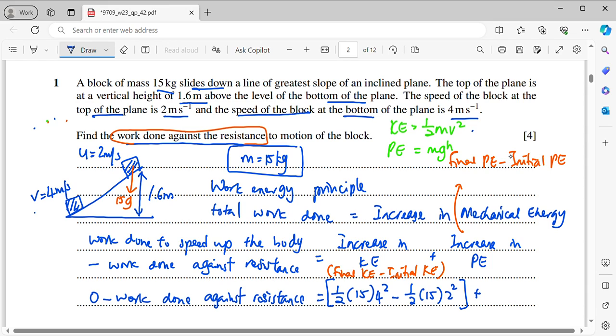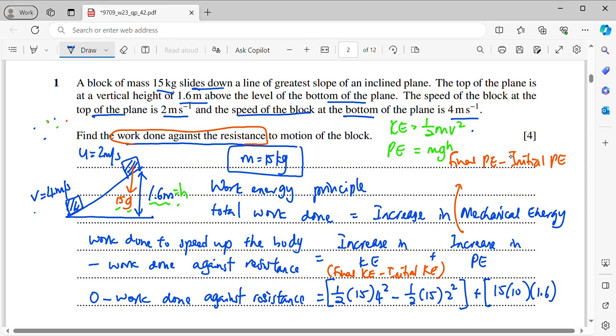So initially it is at the height of 1.6 meters. So this is the h. Our mg will be 15g, together with this h. So I will write 15 times g, g is 10, then the h is 1.6. And then the initial PE, it is at the bottom.